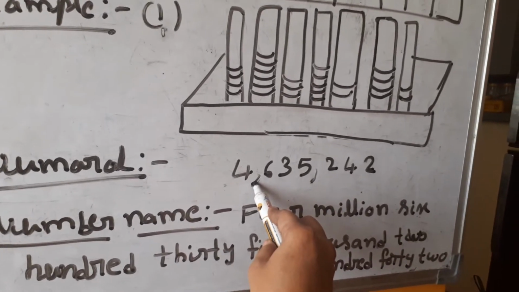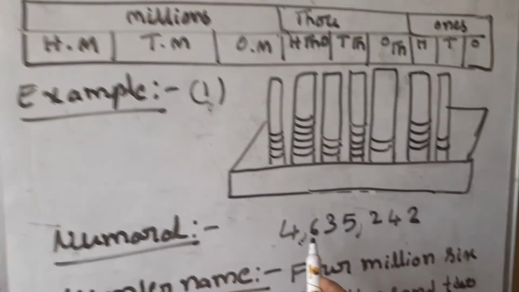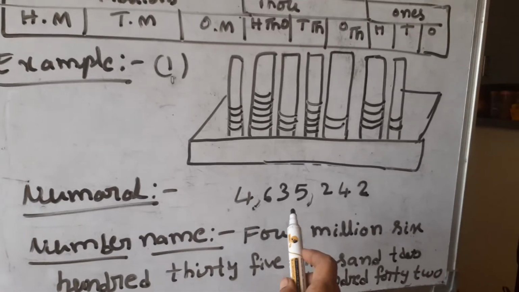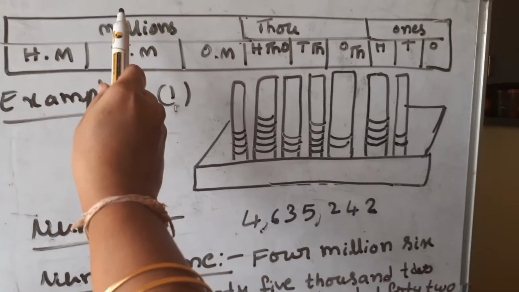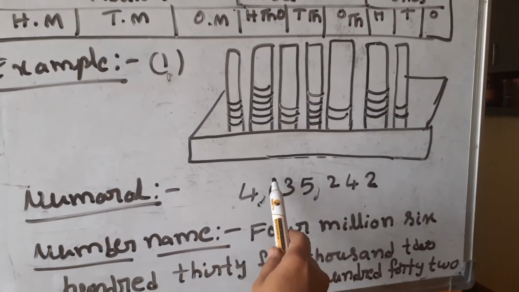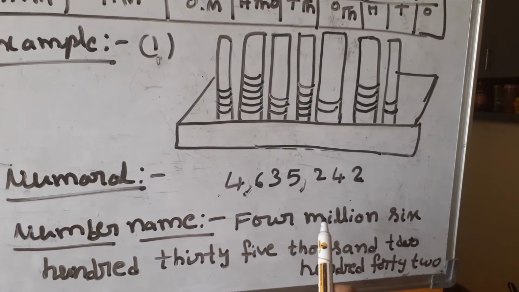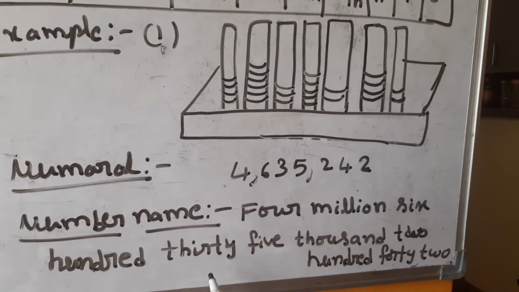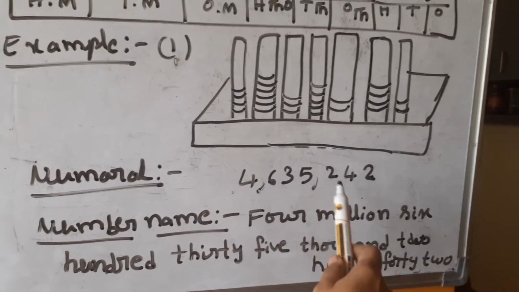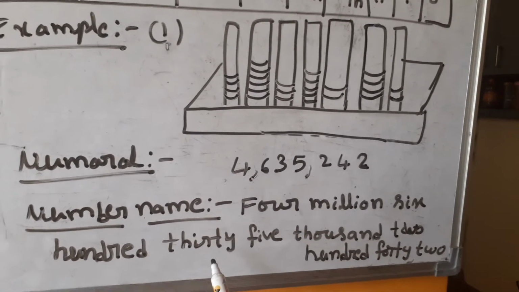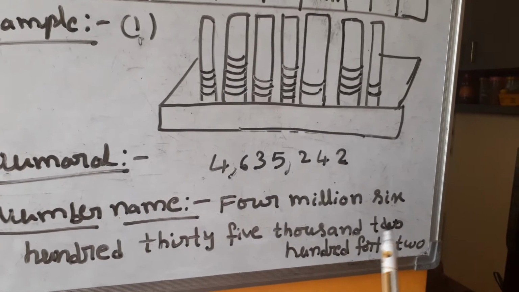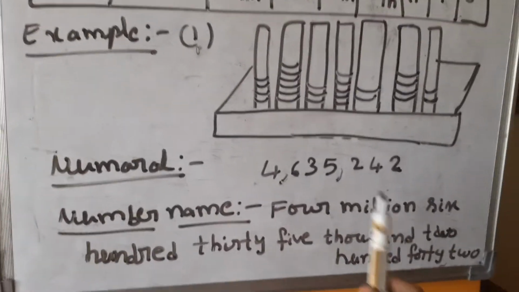So finally, what is the numeral in the international number system? The first 4 is in the millions place, so 4 million. Next the thousands place, 635, and then 242. Students, understood?